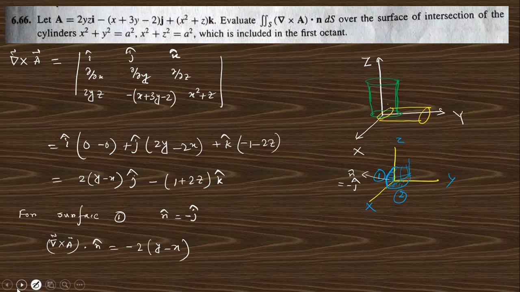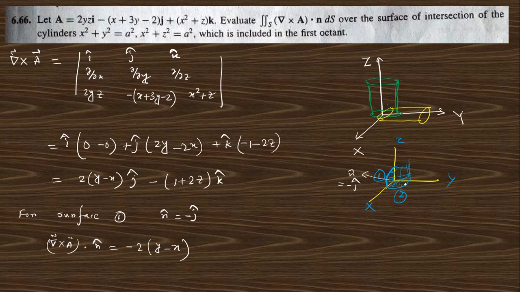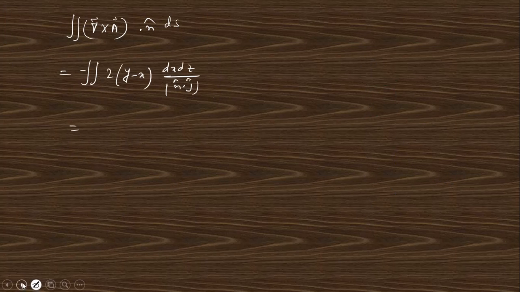In this plane, ds is dx dz, and n cap dot j cap is 1. And in this plane y is 0, so if you put the value of y as 0, you get plus 2x dx dz.